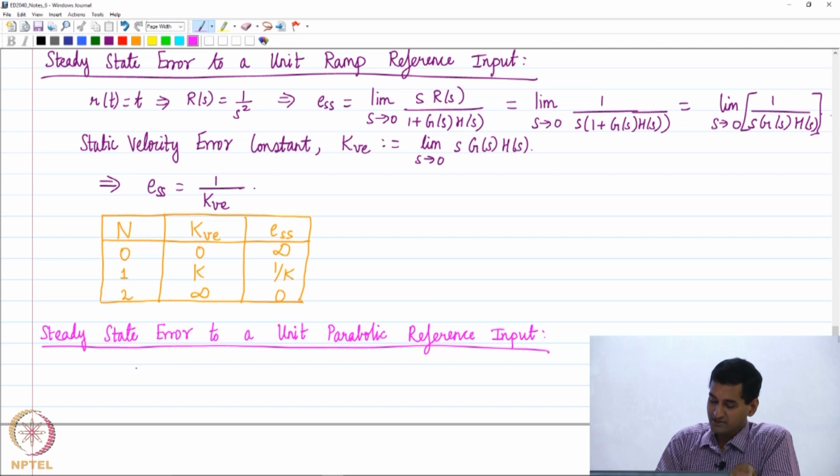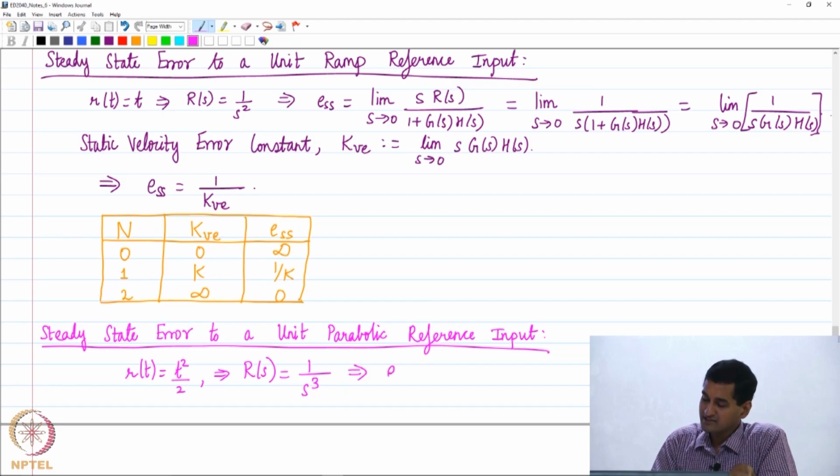So what is a unit parabolic reference input? This means that r of t is t squared by 2. So r of s is going to be 1 divided by s cube.